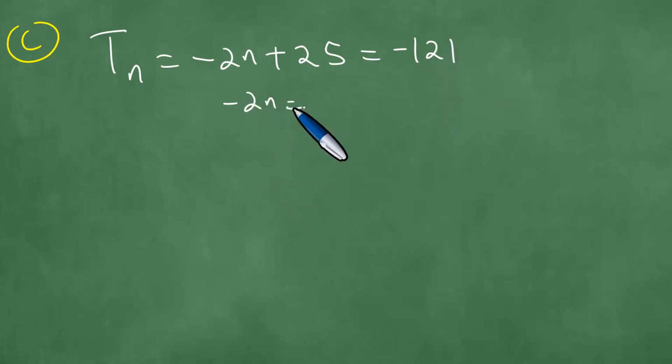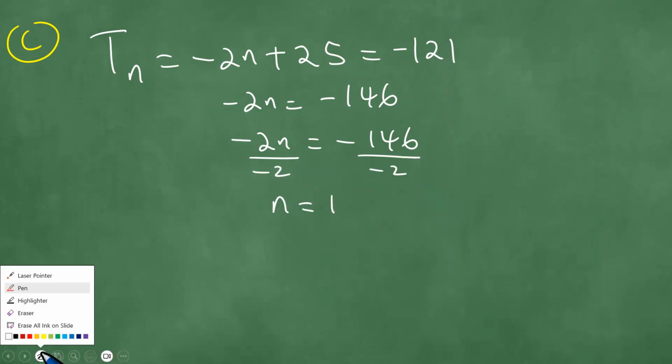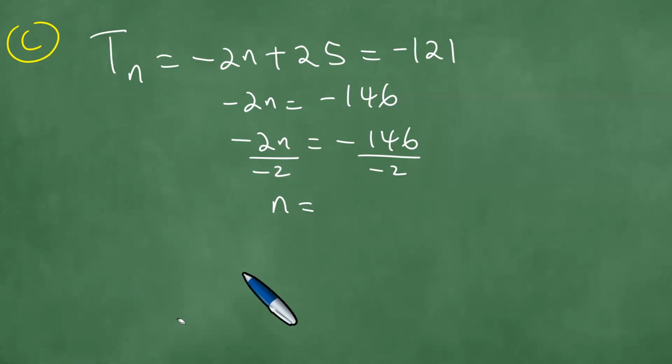So this is minus that, which is -146. You divide by -2, which means n is actually 73, because 146 divided by -2 is the same as 73.